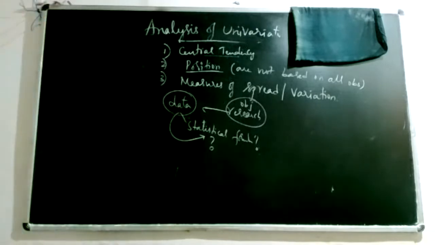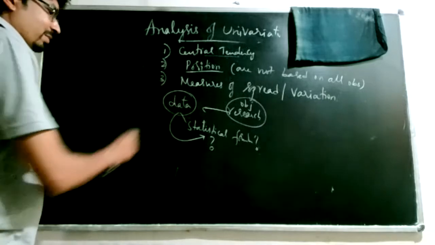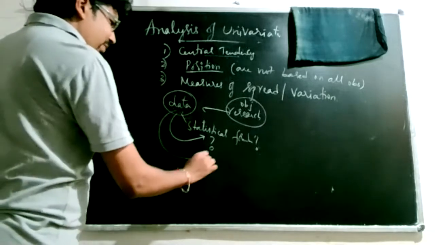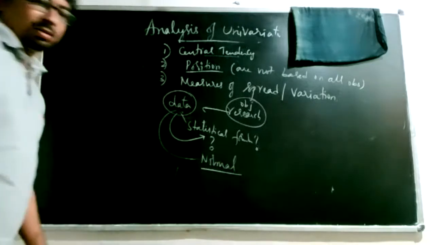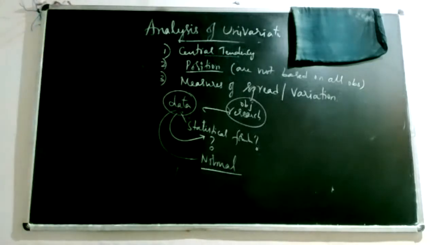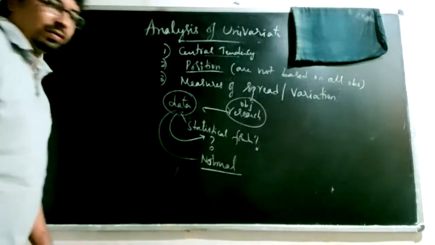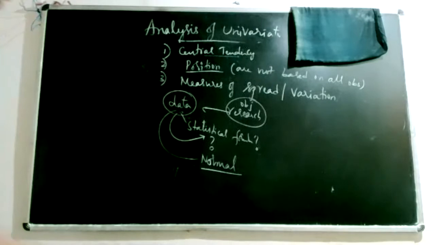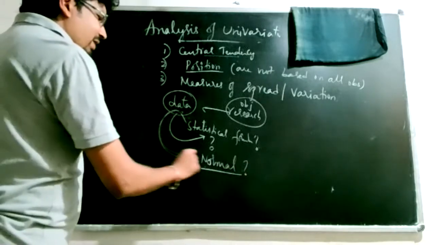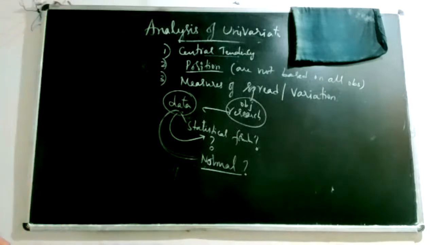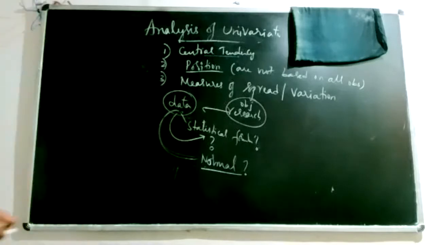In the coming classes, we'll talk about a frequency or probability distribution called the normal distribution. Much of the tools and techniques available in statistical inference are based on the assumption of normality. So I have to see whether my data is normal. In order to do that, we need to observe various measures like this.